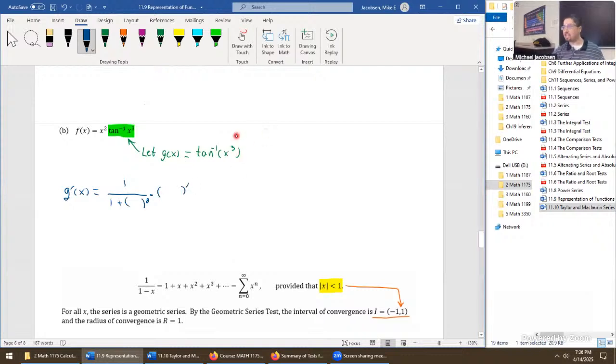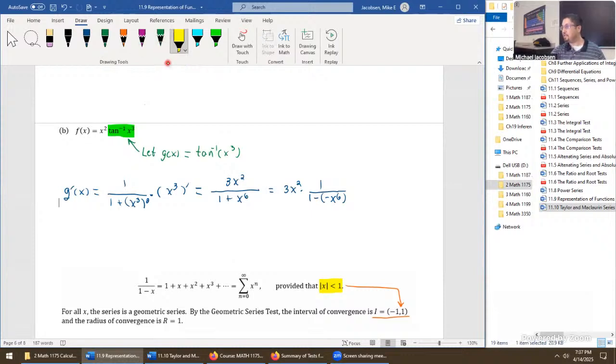The derivative takes your x cubed, drops it down below right here. And then we just have to differentiate x cubed again. We get 3x squared in the numerator, 1 plus x to the power 6 in the denominator. And that's really close to the right format. We have the 1 in the right position. We'll use double negation as before and factor out 3x squared. So now it's 3x squared times 1 over 1 minus negative x to the power 6.